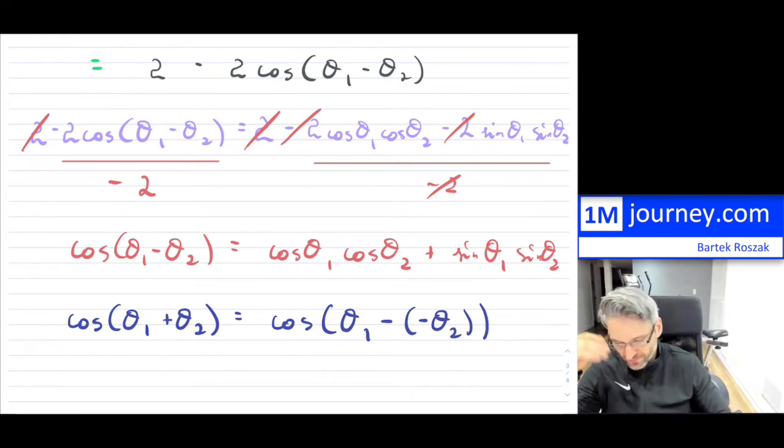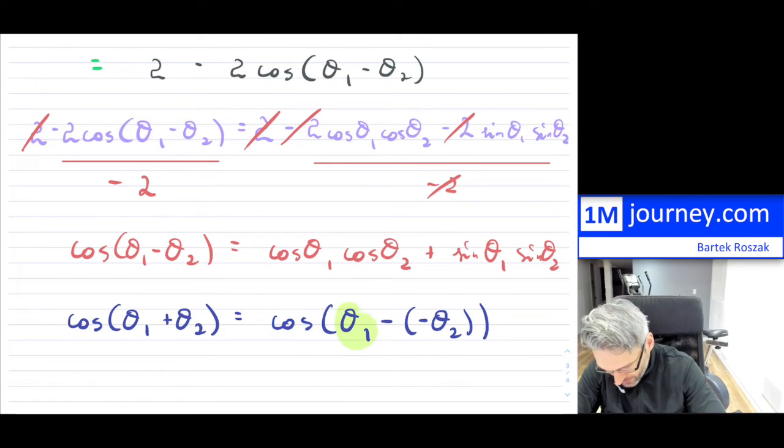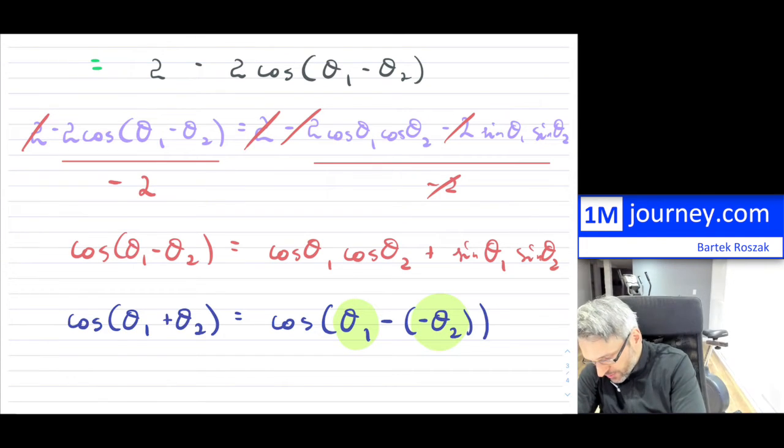Now this is my first angle minus my second angle, so I can use this compound formula and substitute it back in here.